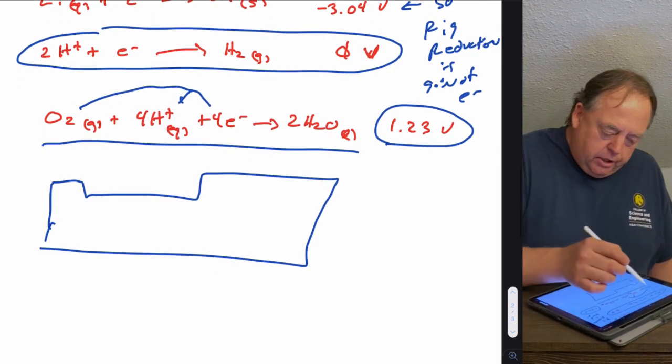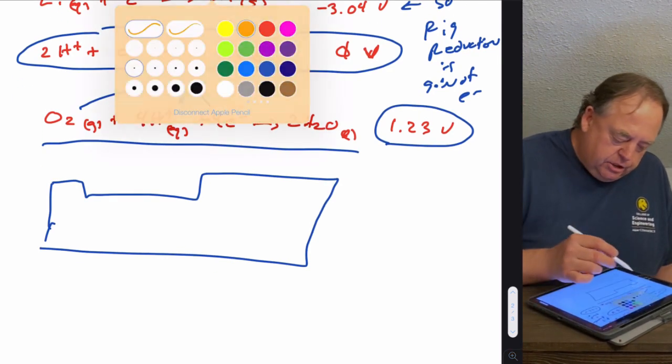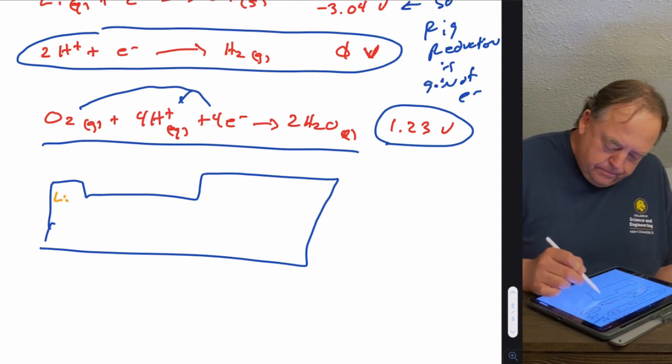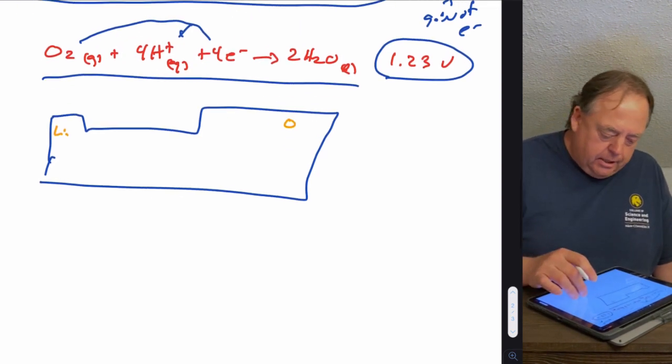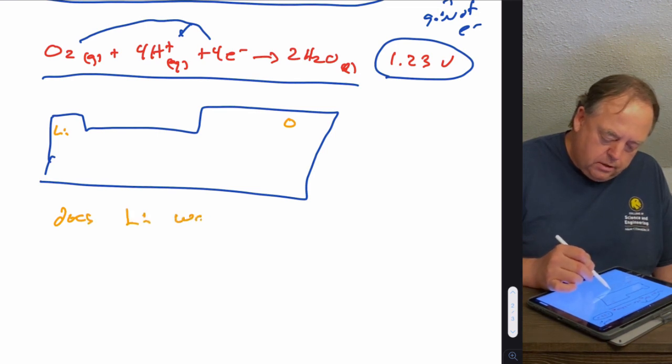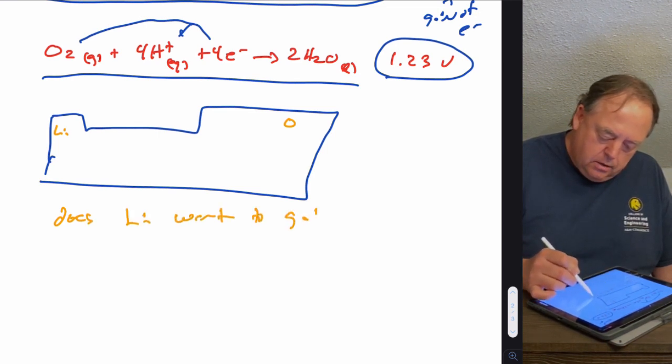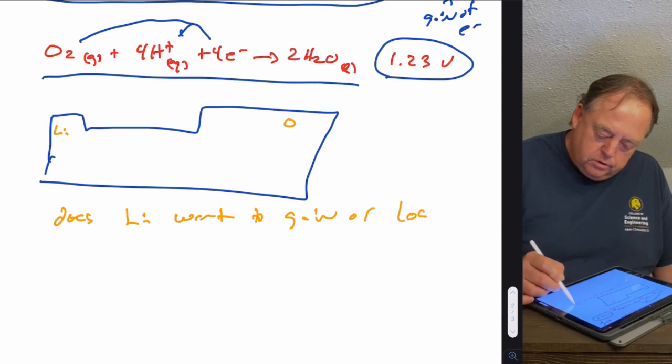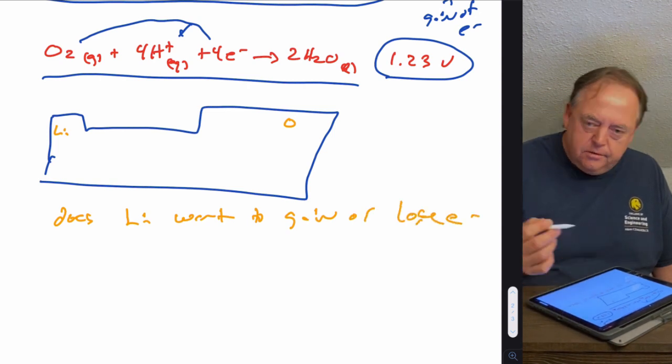Okay, but what do you know about lithium? What do you know about oxygen? So lithium is here, oxygen is here on the periodic table. So does lithium want to gain or lose electrons?